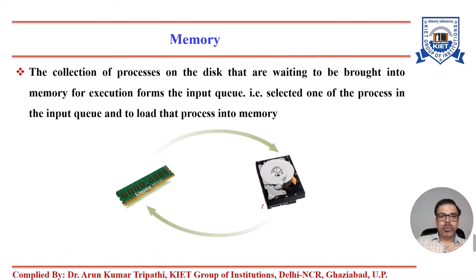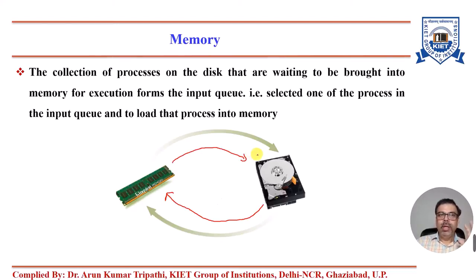When the program is brought from the secondary memory, the hard disk, into the primary memory, the RAM, that is known as the swap-in process. And once the program has been executed and completed, it must be swapped out from the primary memory to the secondary memory.